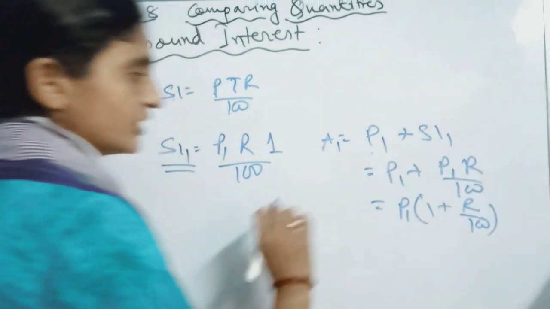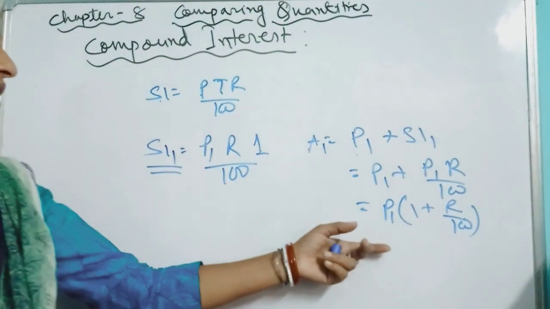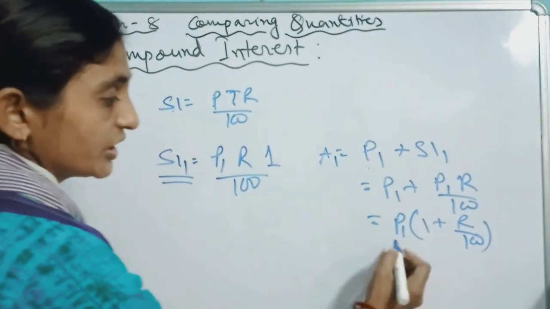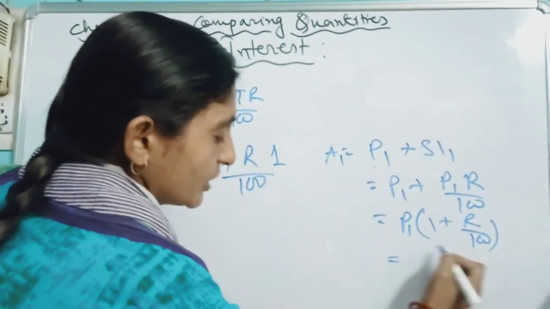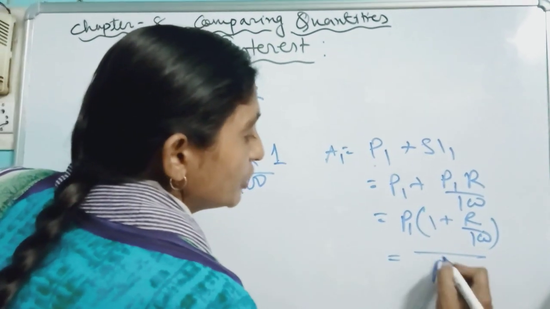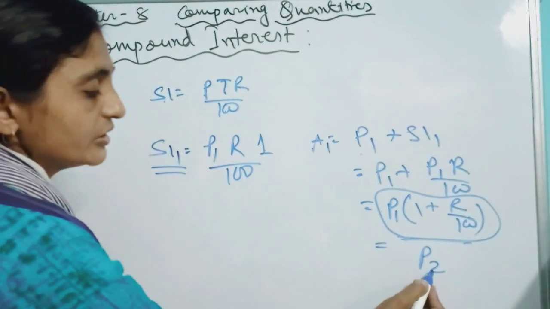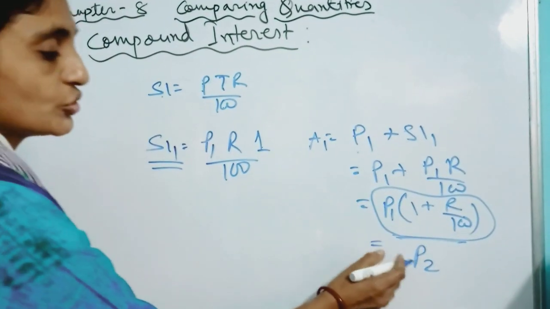This is for the first year. When that 1 year is over, I consider the amount you get as P2.